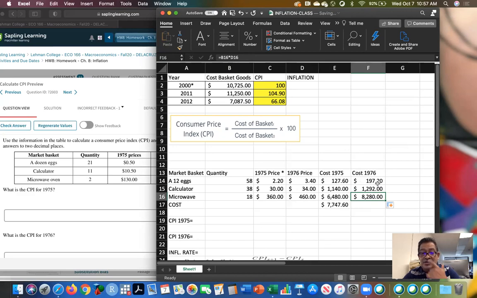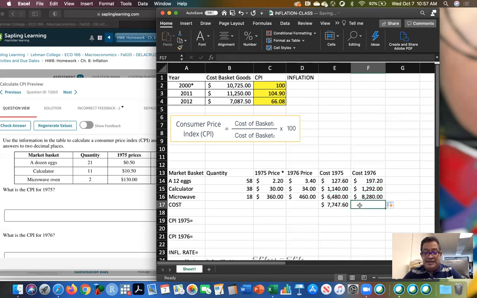So I have the values. I have the first value, this is the cost for a dozen of eggs in 1975. This is the cost for a dozen of eggs in 1976. So this is the previous price of the calculator. Now this is the new price. So that was the old price. Now this is the new price.